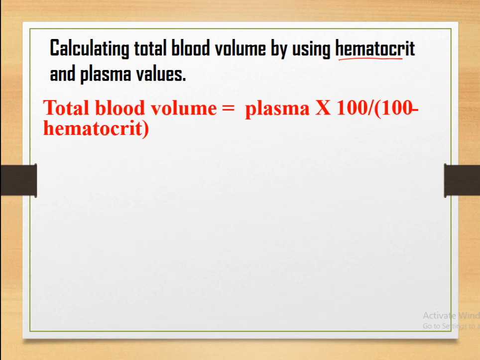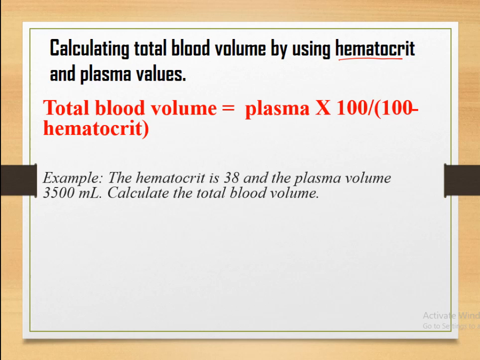So how can we find the total blood volume? You can easily find it by saying plasma times 100 over 100 minus hematocrit, meaning 100 minus the amount of red blood cells in the body. Let me quickly give an example.